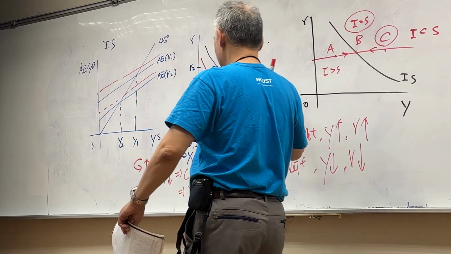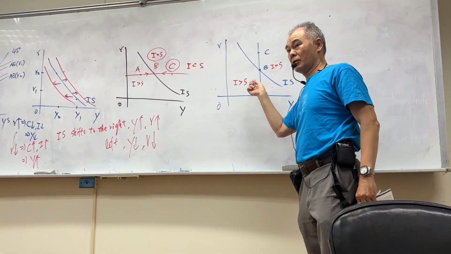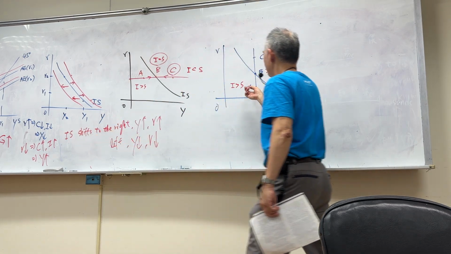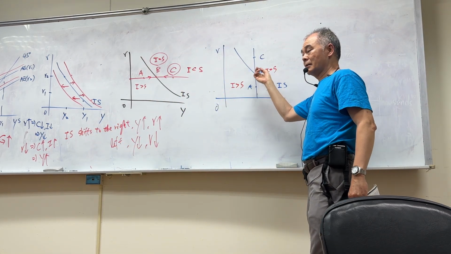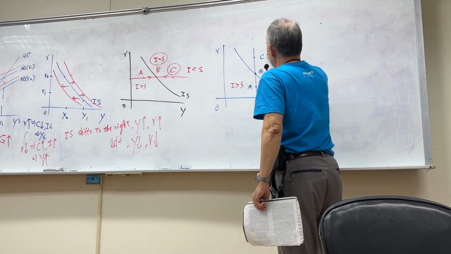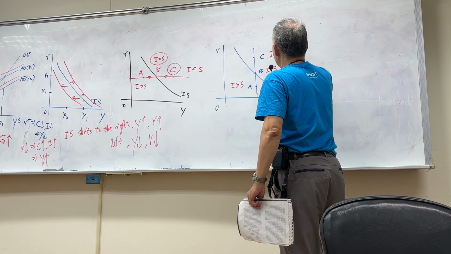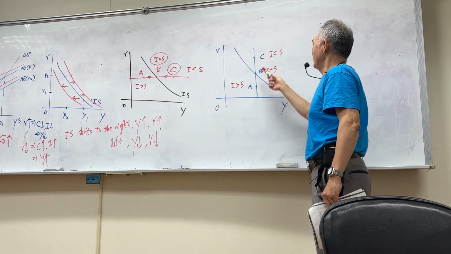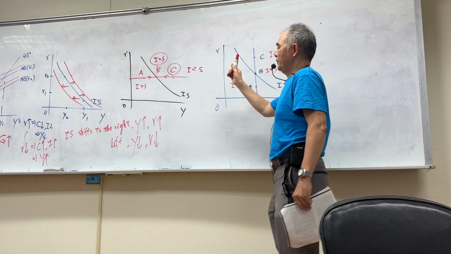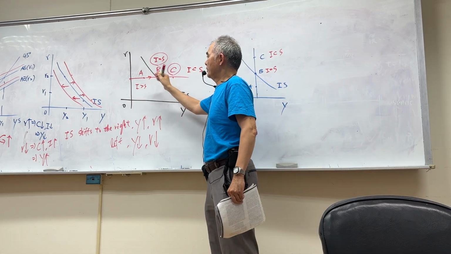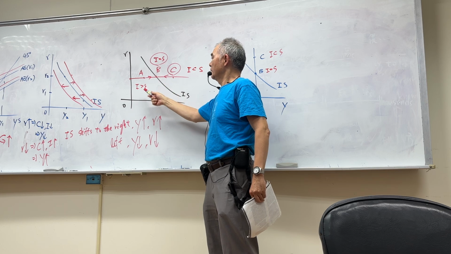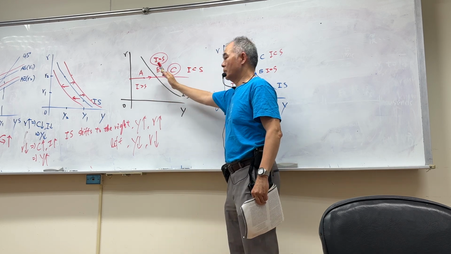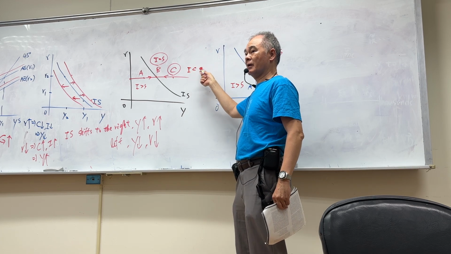Because at A the interest rate is lower, investment will go up, so this one will be higher than this one. Here it will be I less than S. The same thing here: any point to the left of the IS curve, investment is greater than saving. If it is to the right, investment is less than saving.